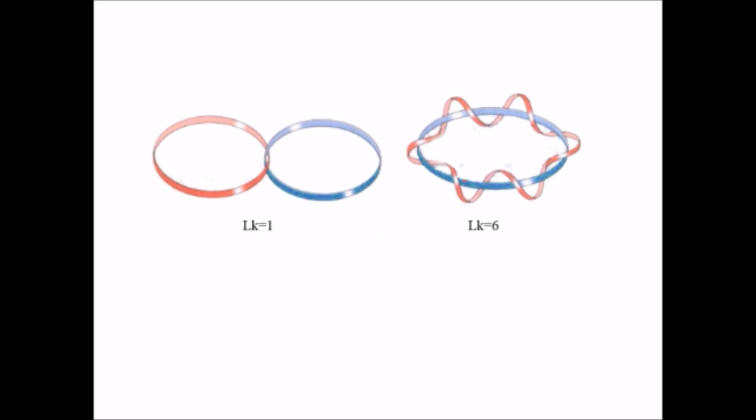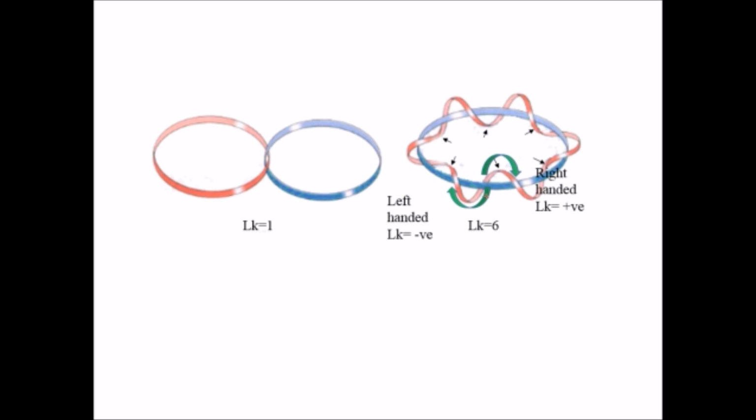But in this figure, there are 6 places where one strand crosses over the other, so the linking number will be 6. This is in the case of the relaxed state. And one thing: when the coiling is left-handed, the linking number will be negative, but when it is right-handed, the linking number will be positive.